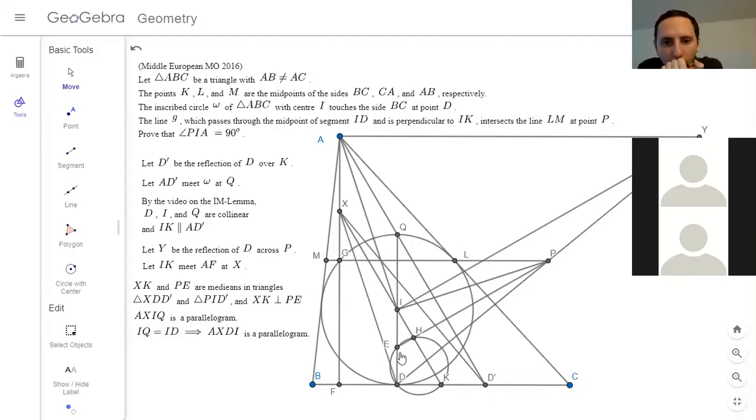I feel like I'm close here. So AXIQ is a parallelogram.